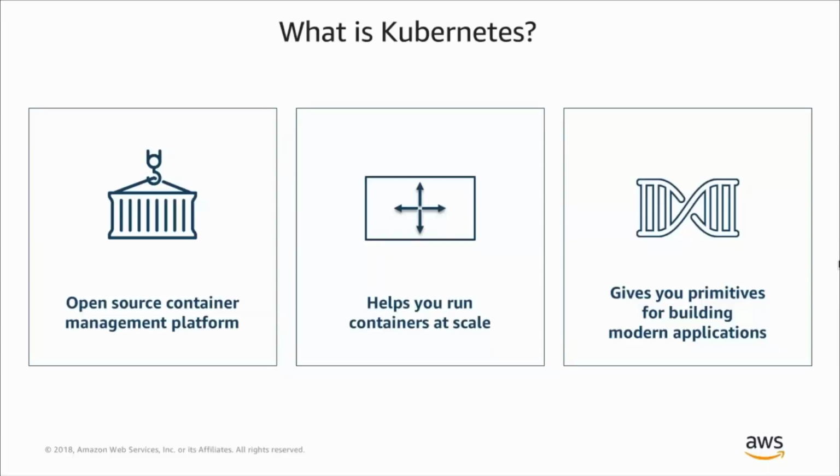If you take away the hype and look at its core, Kubernetes is an open source container management platform. It's built to help you run containers at scale, and it comes equipped with features and functions to build proper distributed applications using the 12-factor application pattern.